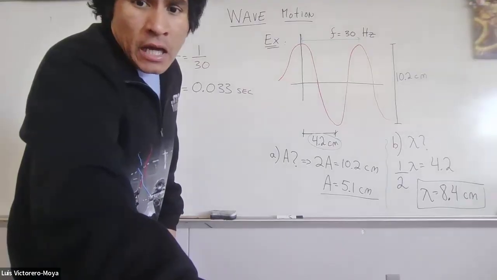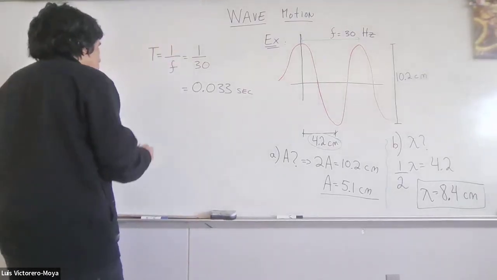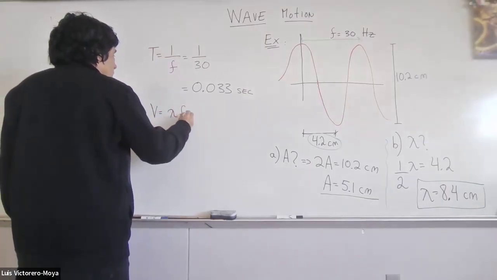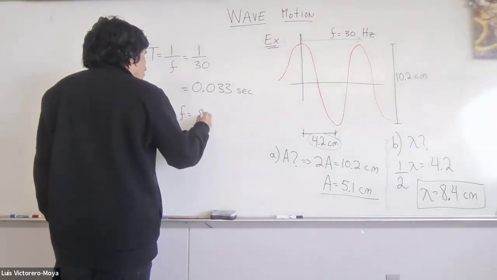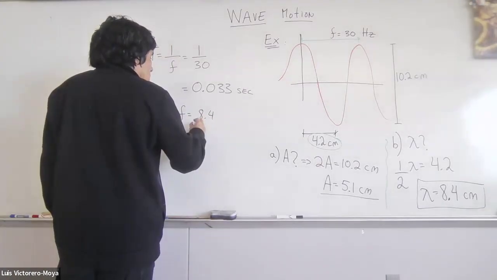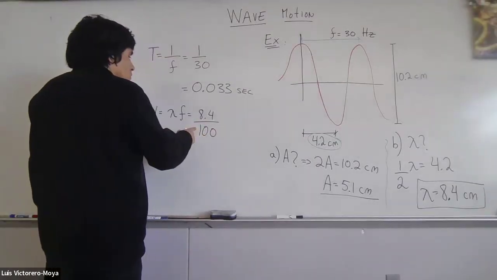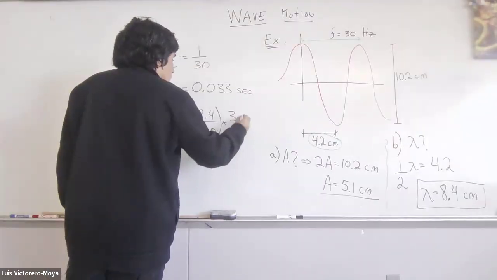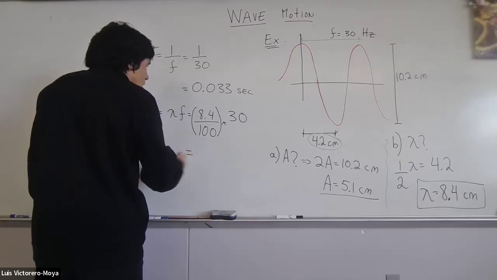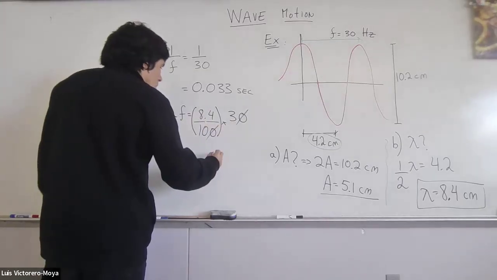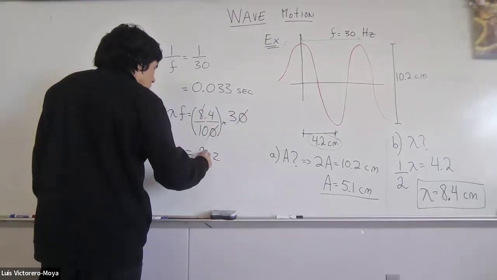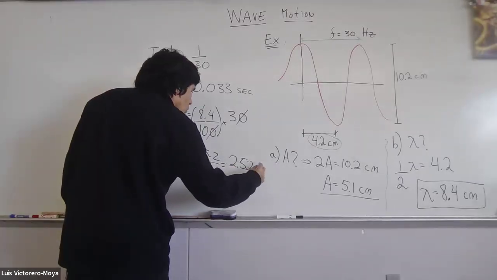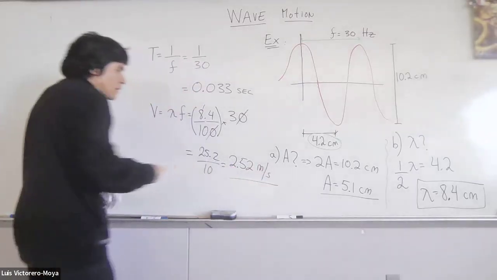And then what is the speed? Speed is lambda times frequency. Lambda was 8.4 centimeters, so you have to divide this by 100 to make it into meters. Why? Because frequency is in hertz, 1 over seconds, and we want meters per second. So 0.084 times 30 is 2.52 meters per second.